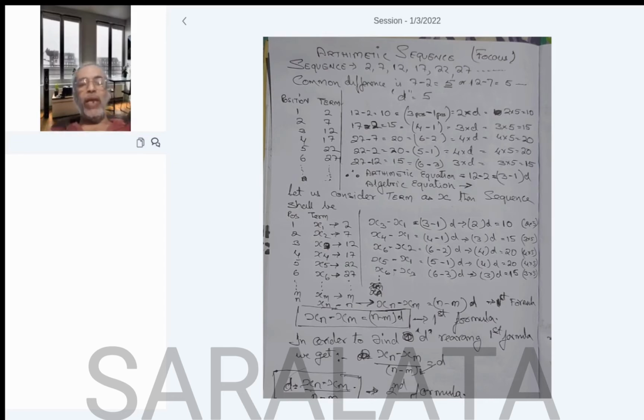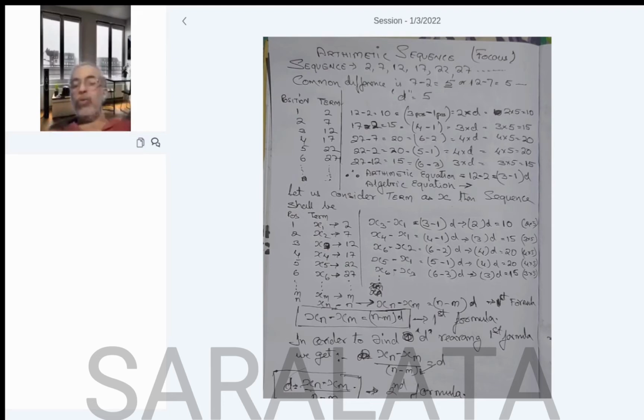The 12 is in the third position, so there is x3 minus x1 is equal to 3 minus 1 into D. Now here, x3 minus 1, am I right? Yeah, x3 minus 1. So here what I get is x3 is denoted as 12, x1 is 2.